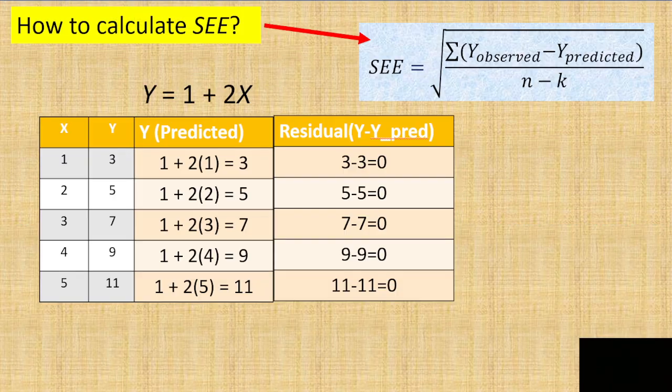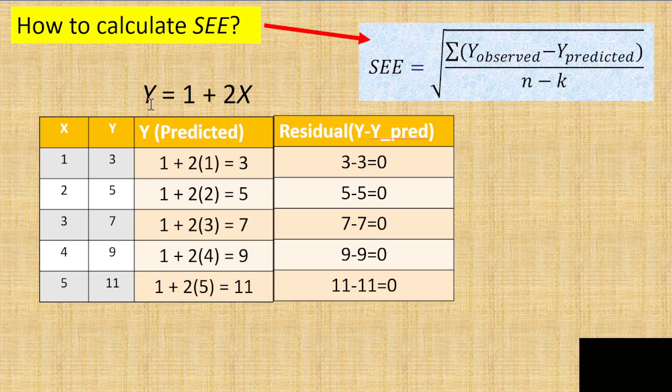Now to calculate S, we use this formula. S is equal to the square root of the summation of y observed minus y predicted squared, all over n minus k. So we are using the regression line we got earlier. We just subtract y predicted from y observed.